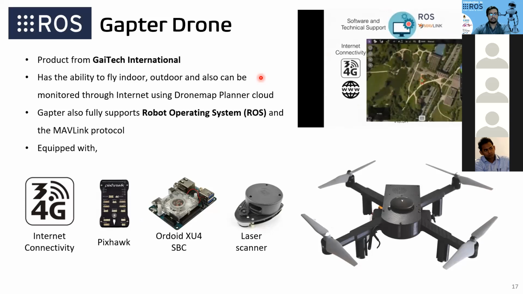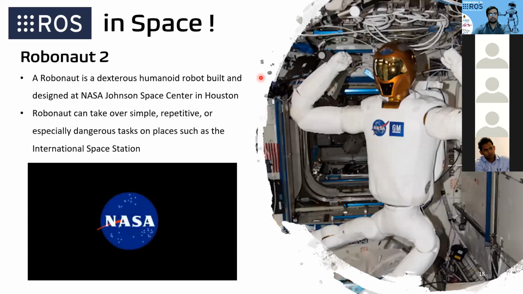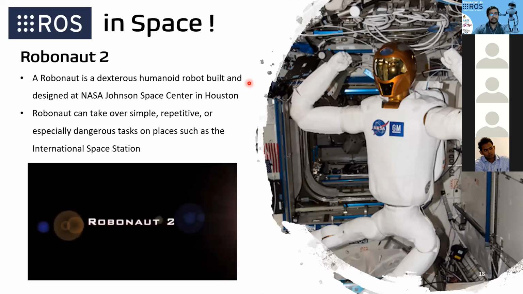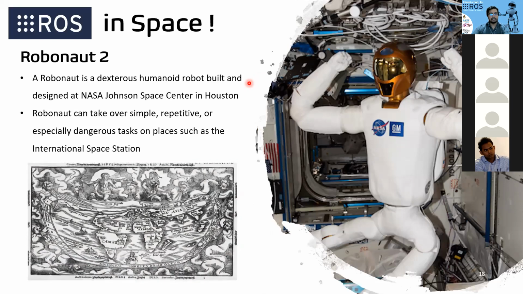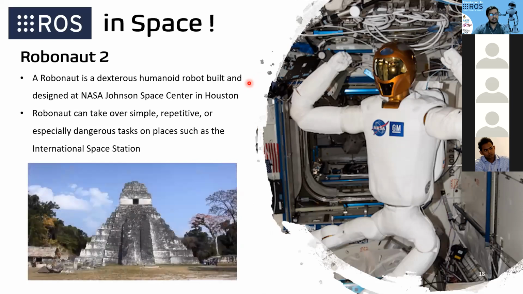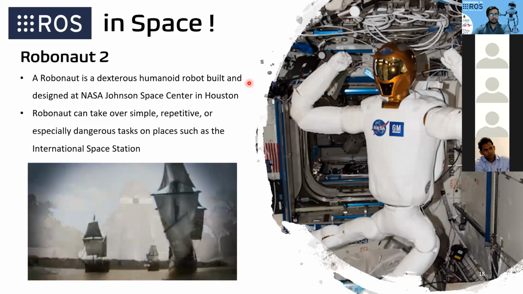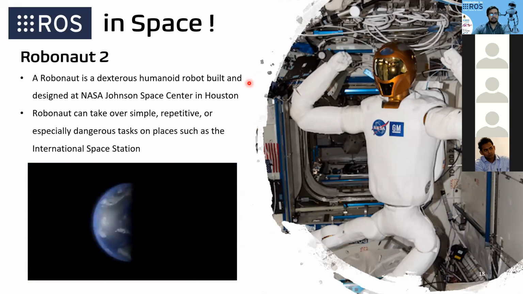Right, so let's move on to the last two projects. So ROS in space. Now this is very exciting. In 2014, NASA introduced Robonaut, a dexterous humanoid robot built and designed at the NASA Johnson Space Center in Houston, Texas. This robot can take over simple, repetitive, or especially dangerous tasks in places such as the International Space Station.